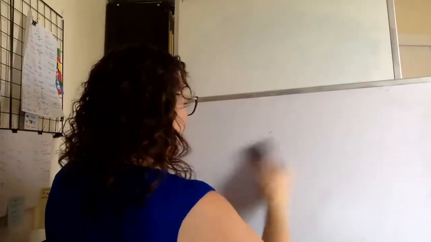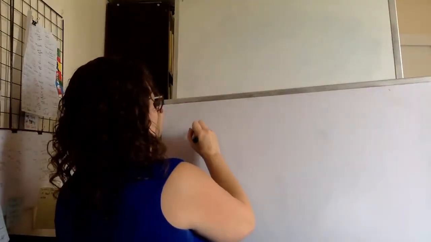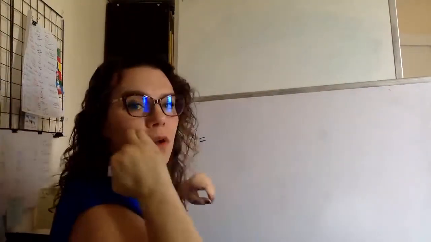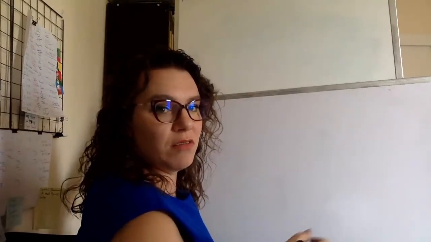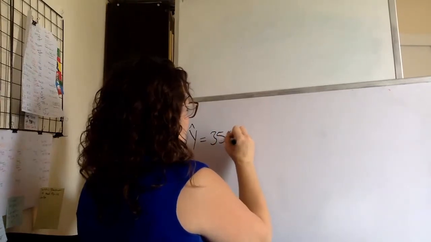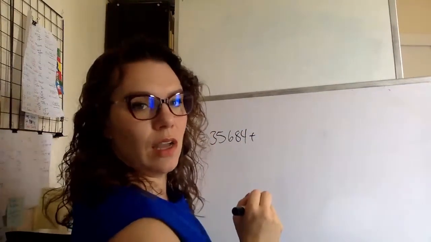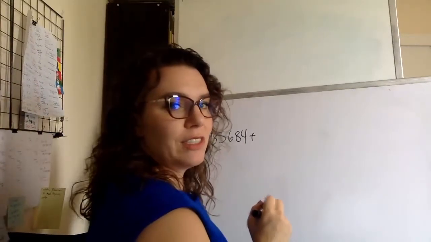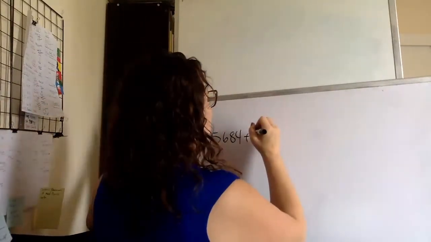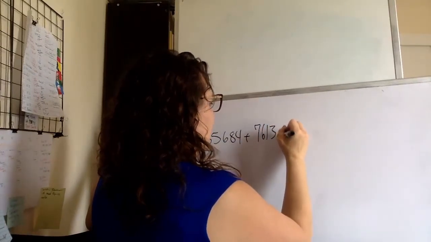The fitted equations are tricky because we have to use our fitted coefficients, right? So we're going to say that y hat is equal to the constant, which is 35,684, again rounding, plus the coefficient for air conditioning, which is 7,613, 7,613 times aircon.